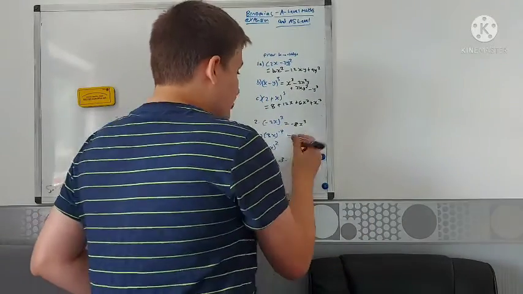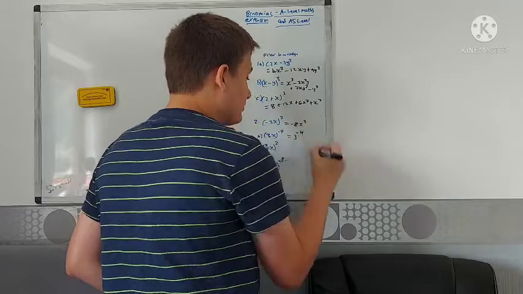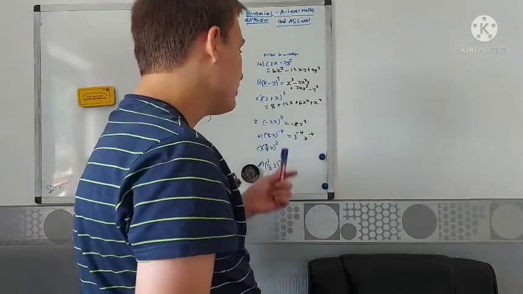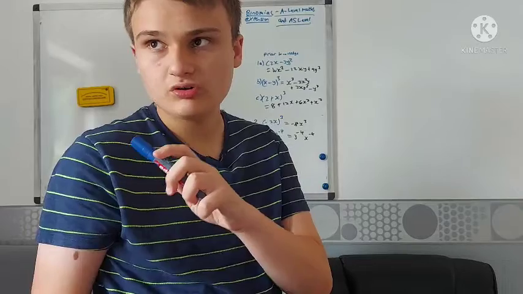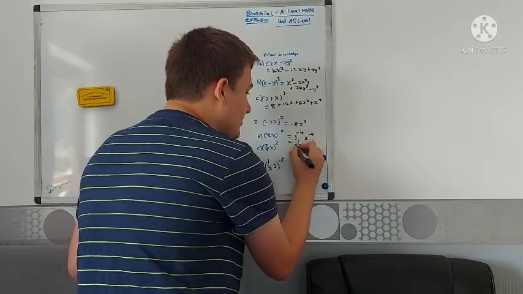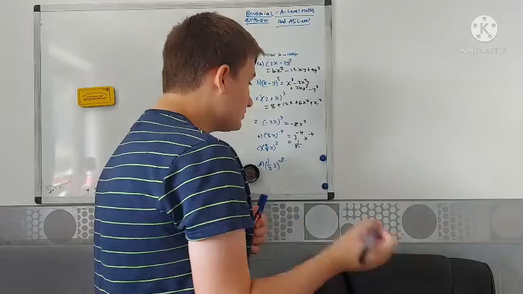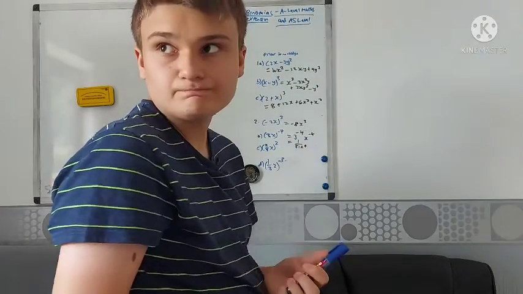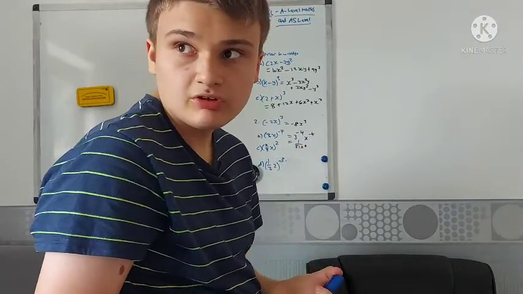I'll do it all in one go, so I get 3 to the minus 4, x to the minus 4, which finishes off as 1 over 81, which is 3 to the 4, times x to the 4. So that's how we can do that one.